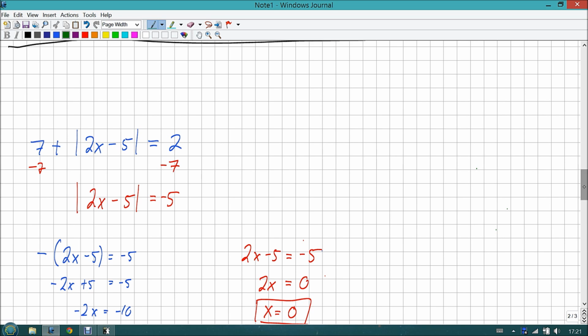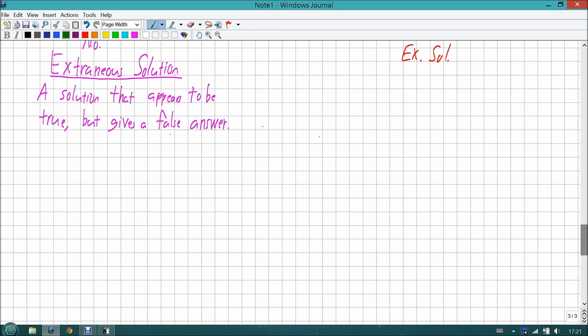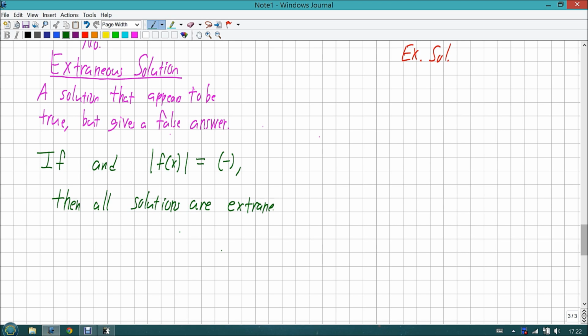It just doesn't work. So this last piece would be: if an absolute value of some function is set equal to a negative number, then all solutions are extraneous, meaning they don't work.